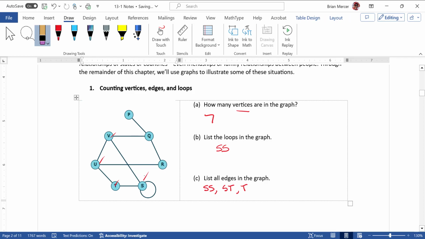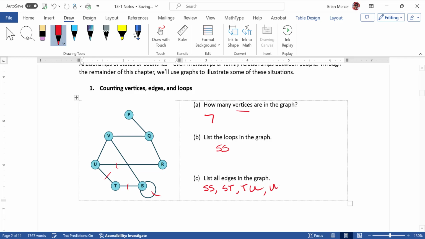But some good habits when you're counting edges would be to mark them as you go. So there's SS. There's that one. There's ST. TU. There's that one.